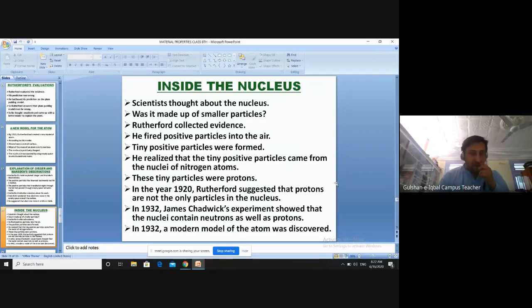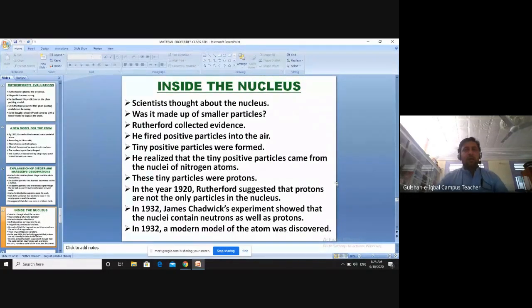Now, in the year 1920, Rutherford suggested that protons are not the only particles in the nucleus. He suggested this when he performed an experiment known as the Rutherford radioactive experiment. The radioactive experiment is not given in your book.